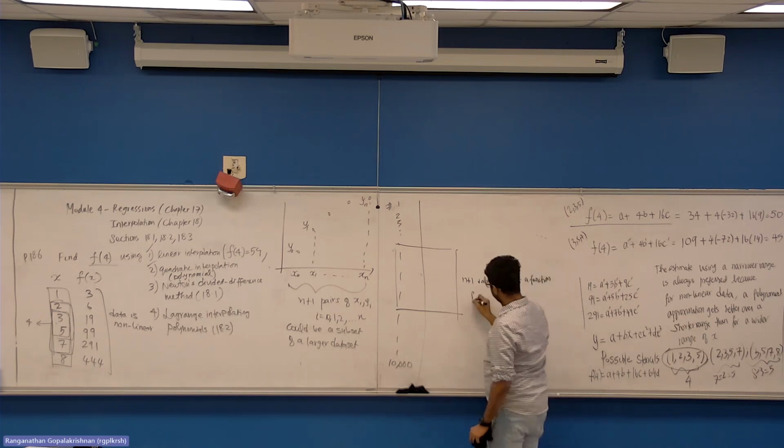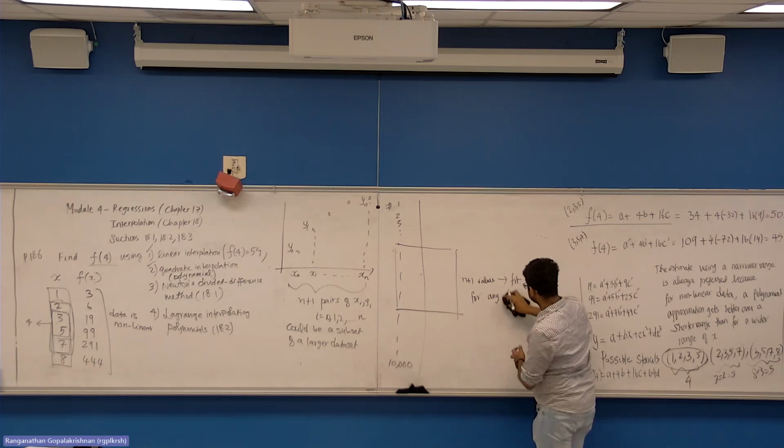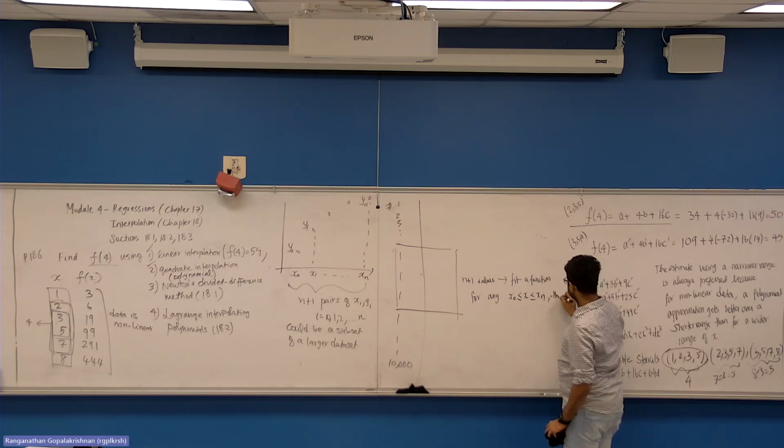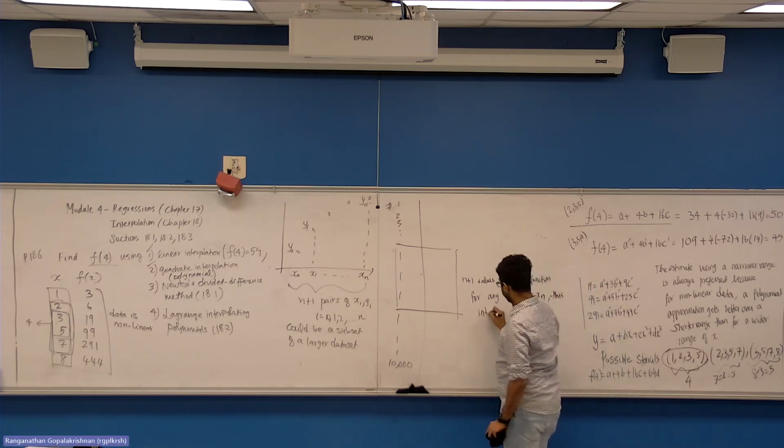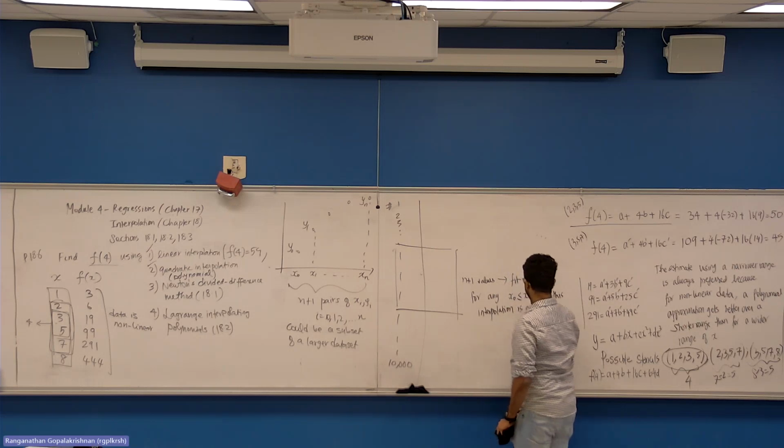For any x between x naught and xn, this interpolation is applicable.